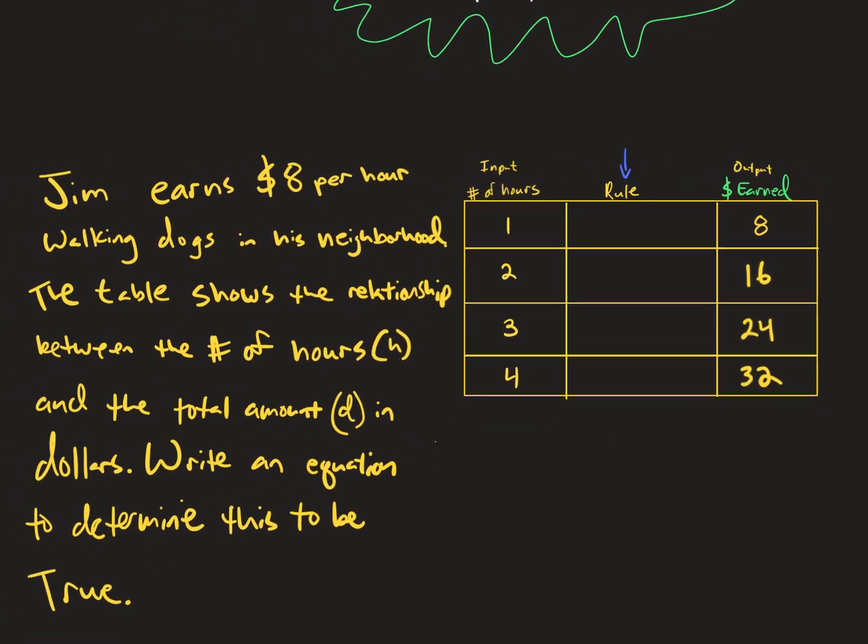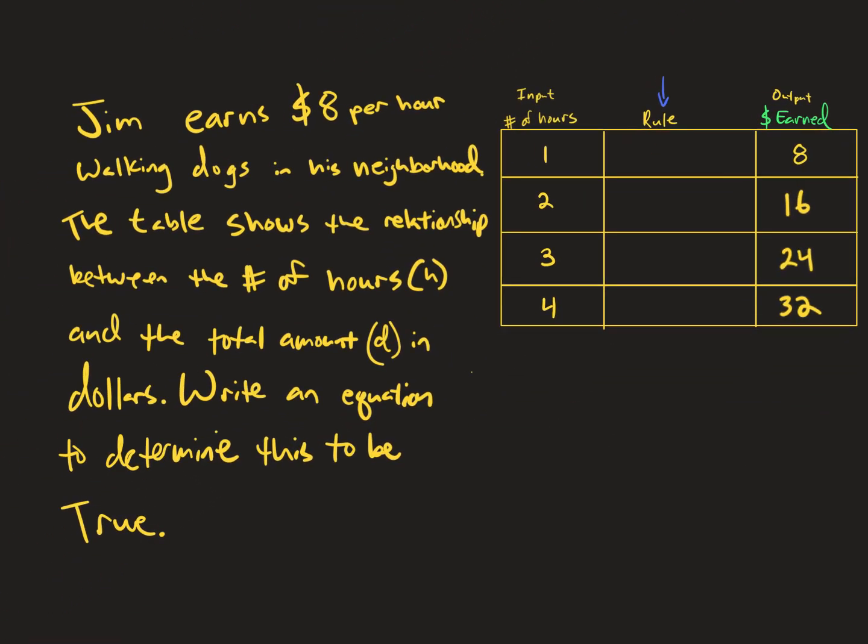So for example, here, Jim earns $8 per hour walking dogs in his neighborhood. The table shows the relationship between the number of hours and the total amount of dollars for D. Write an equation or find the rule to determine that this to be true.